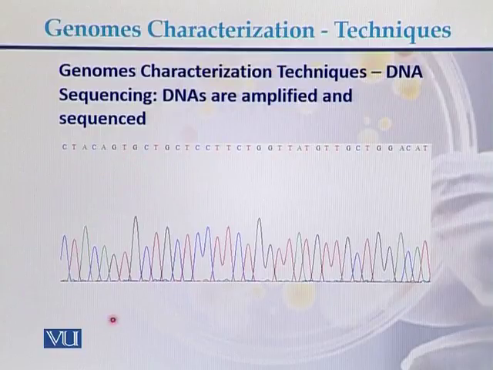So the sequencing data appears in the form of peaks, each nucleotide is labeled with a specific color, and with the help of these peaks we can read the sequencing data.